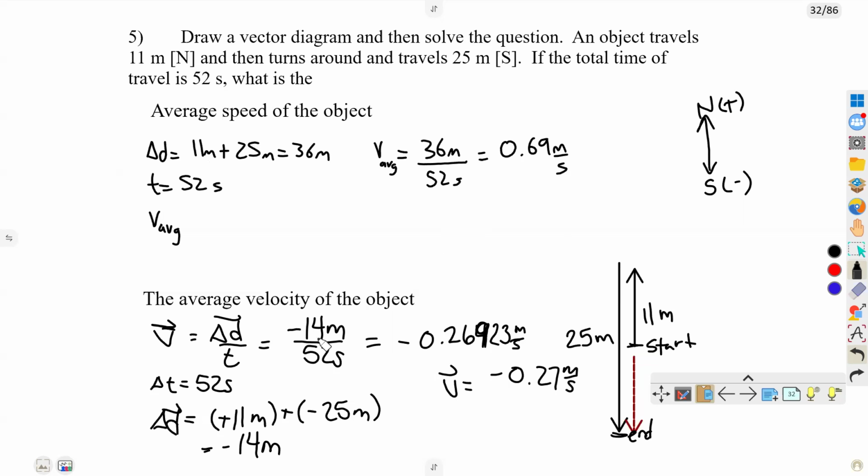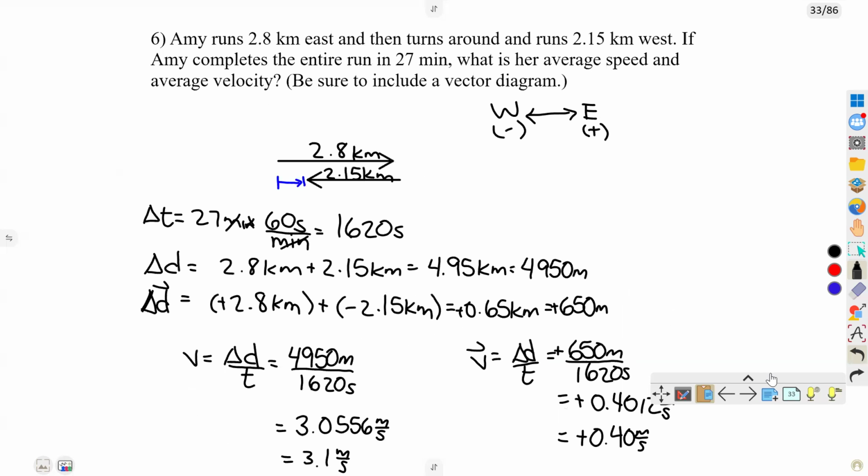The change in position is going to be adding those two vector arrows together. So we're going to get a different number. So this is going to be a situation because we're changing direction. The average velocity and the average speed are not going to have the same magnitude. So that would be what I would suggest for you to pay attention to in that one.